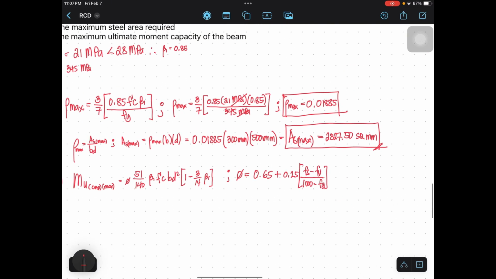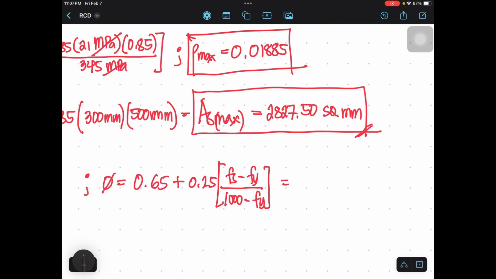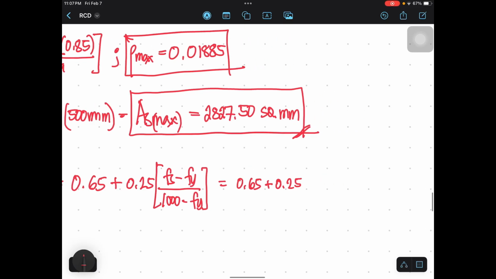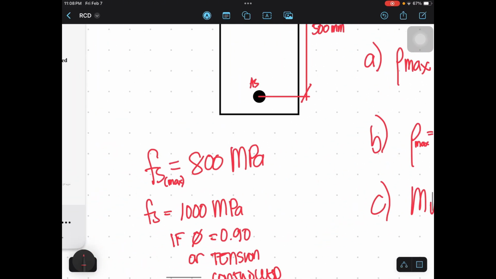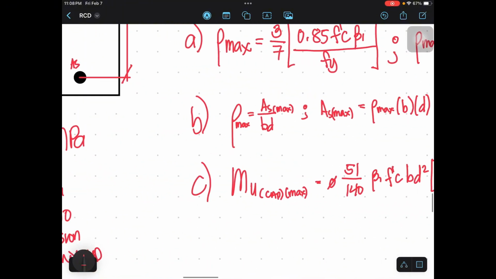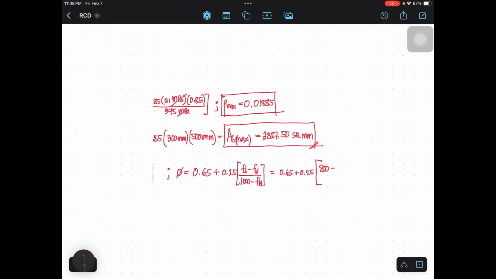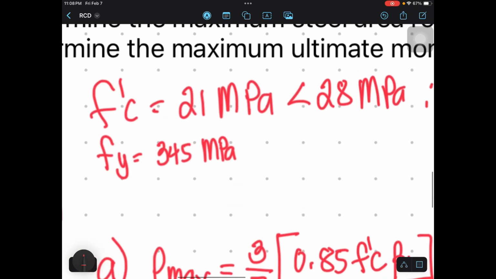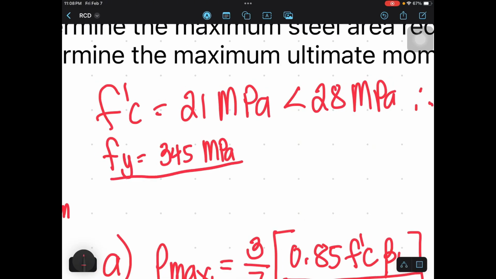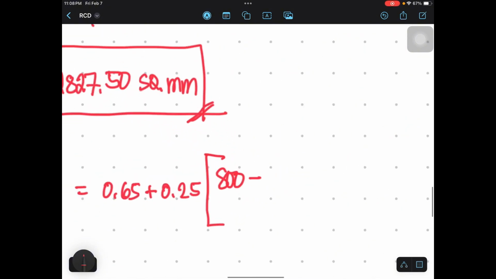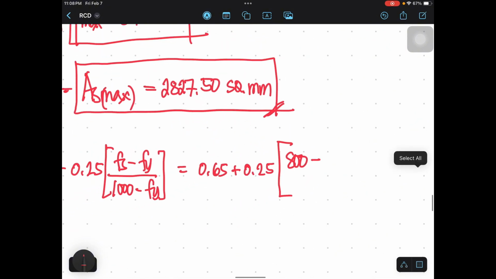Substituting the values, 0.65 plus 0.25 quantity Fs under maximum condition is 800 megapascal, so we have 800 minus our yield strength of 345 megapascal, over 1,000 minus 345.